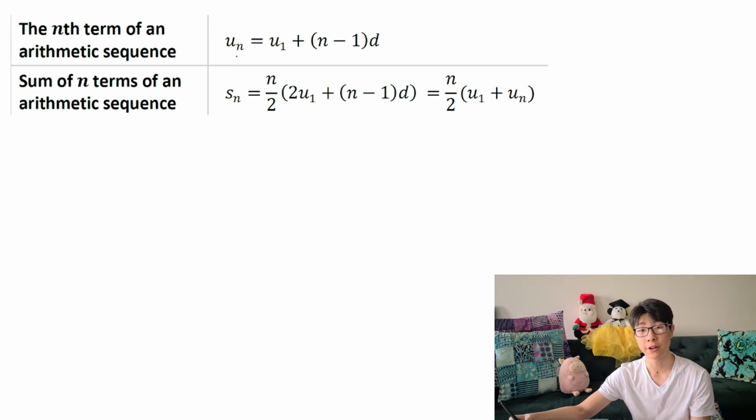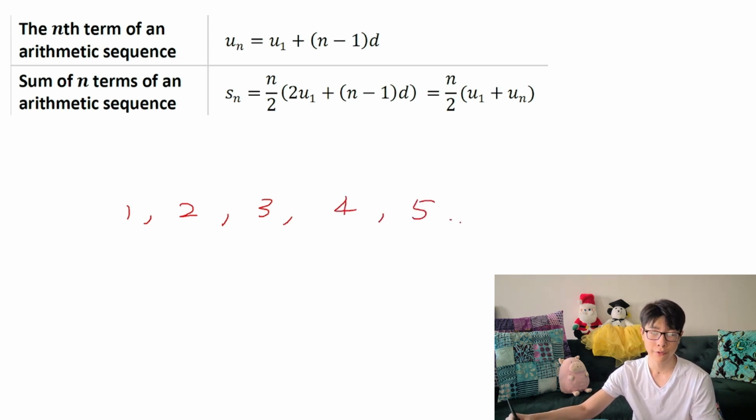Okay, so going back to the concept of nth term. First, we need to understand what an arithmetic sequence is. An arithmetic sequence is a sequence of numbers. In this case, we can just write the most basic sequence: 1, 2, 3, 4, 5, etc. A sequence of numbers with a common difference. Okay?